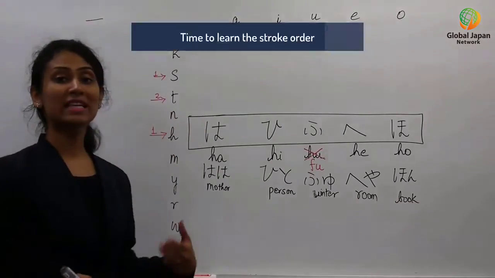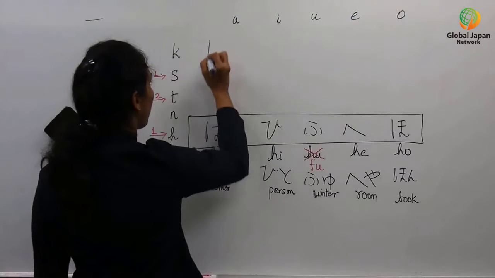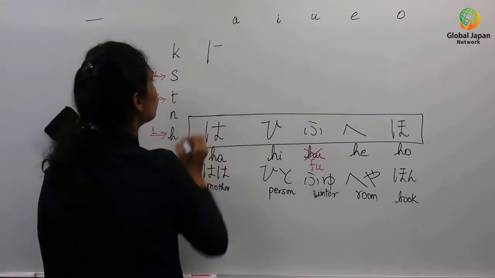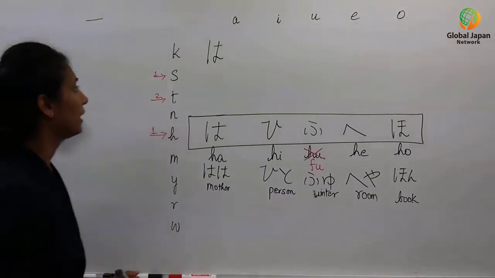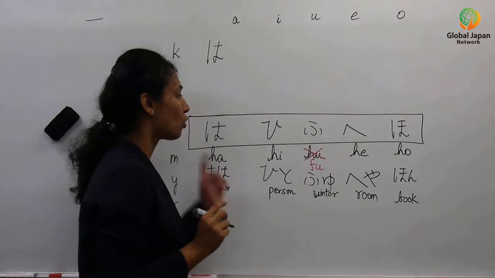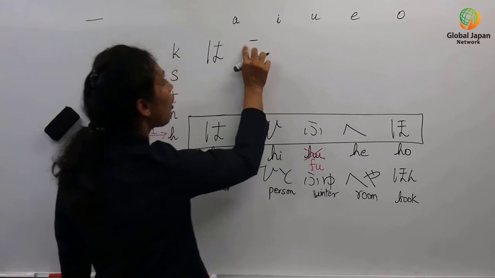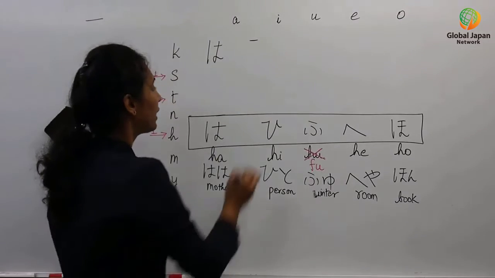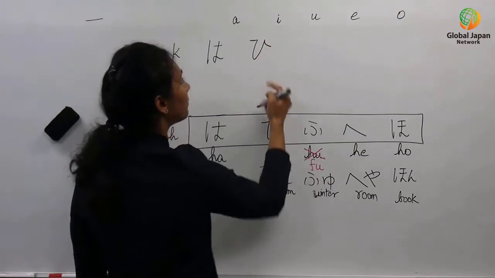Getting into how these characters are written. 1, 2, 3. This is how ha is written. Hi. Note the way I am drawing this. The first line is more of a horizontal line, and the second line gets curled up.